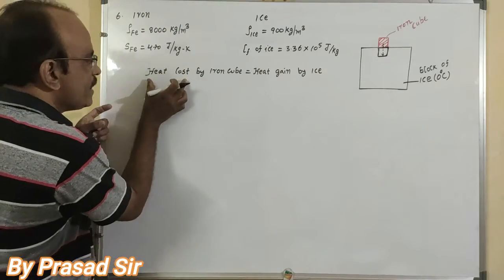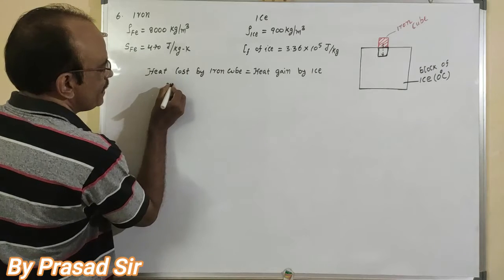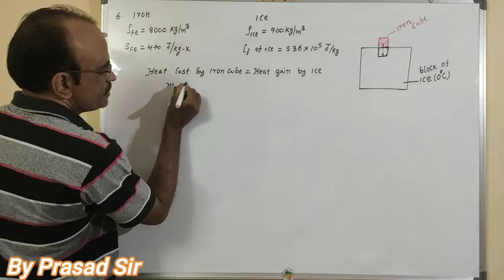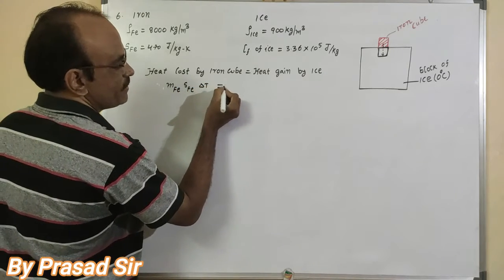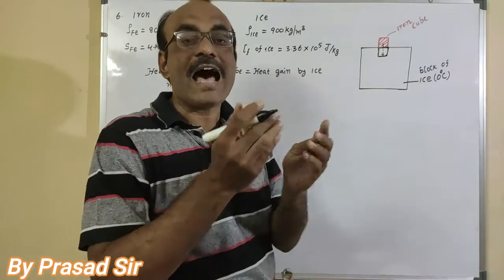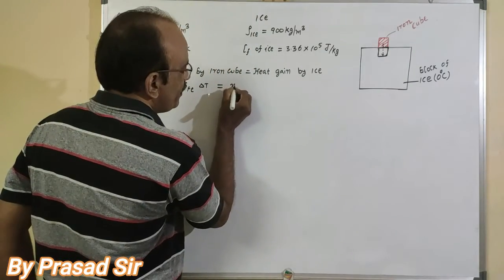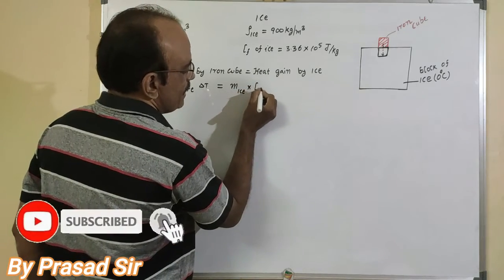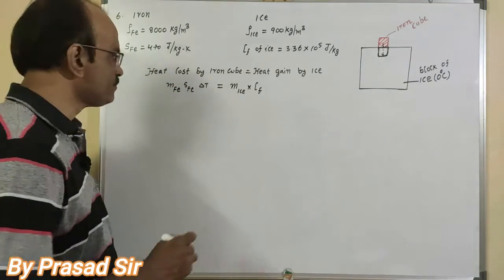So heat lost by iron cube, we know the formula, is mass of iron into specific heat of iron into rise in temperature, equal to heat gained by ice. But what is ice going through? Ice is melted. So ice is melted means which formula will we use? That is mass of ice into latent heat of fusion of ice. That is, ice melting takes place.